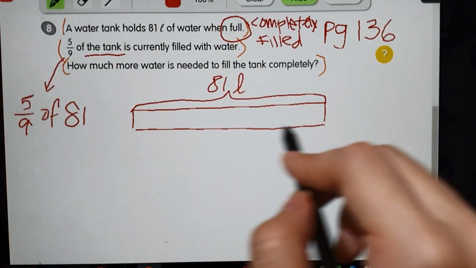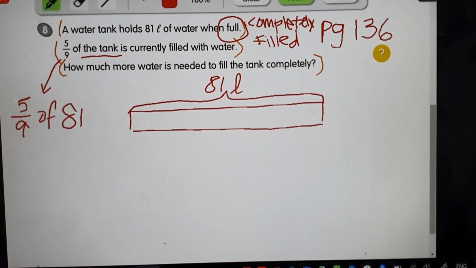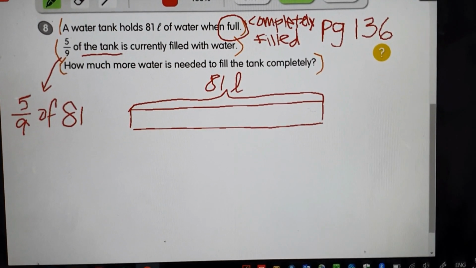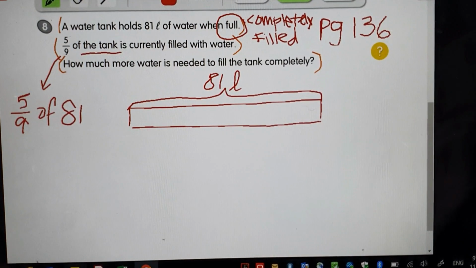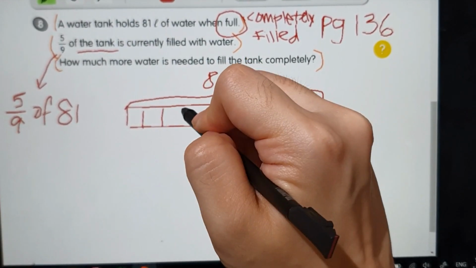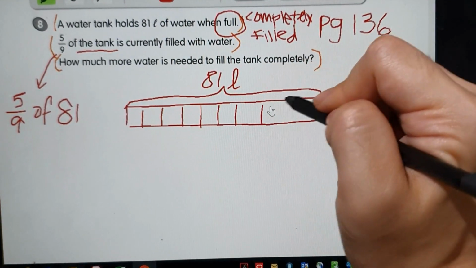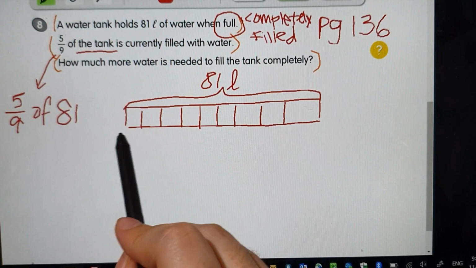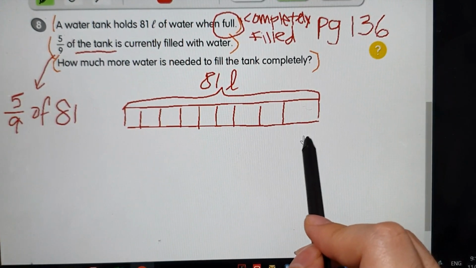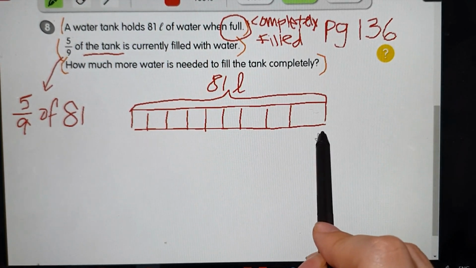So I will cut this long bar into 9 equal parts. So since I know I'm going to cut into 9 equal parts, this is how your model should look like. So the whole model represents 81 liters and you need to cut them into 9 parts like this.